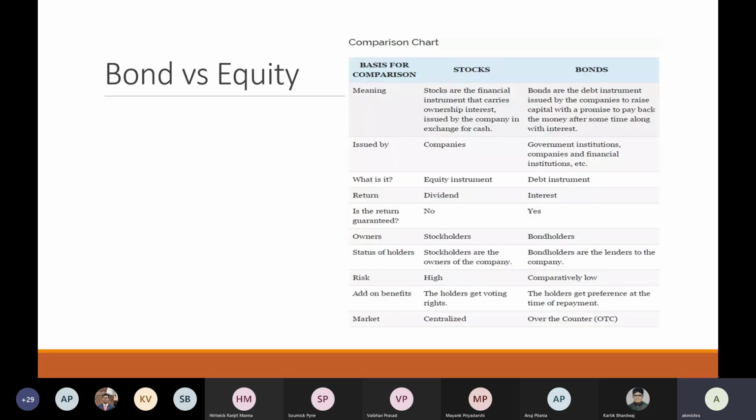Now, many of you might be aware of the difference between bond and equity.